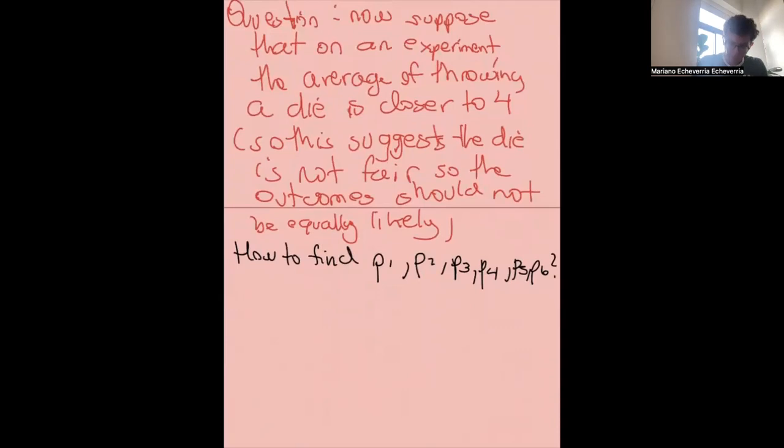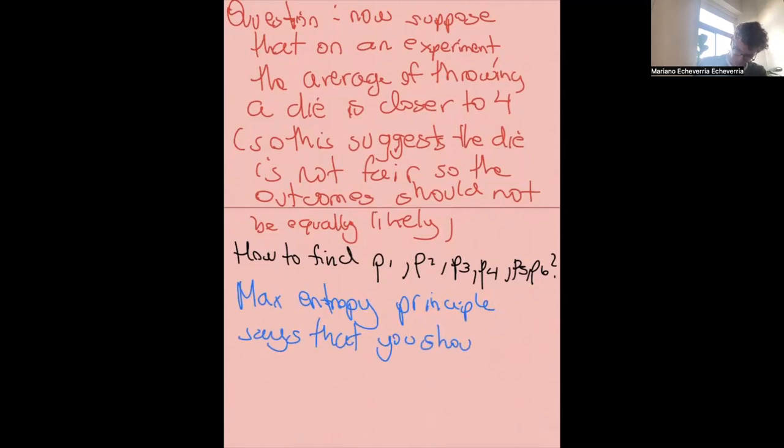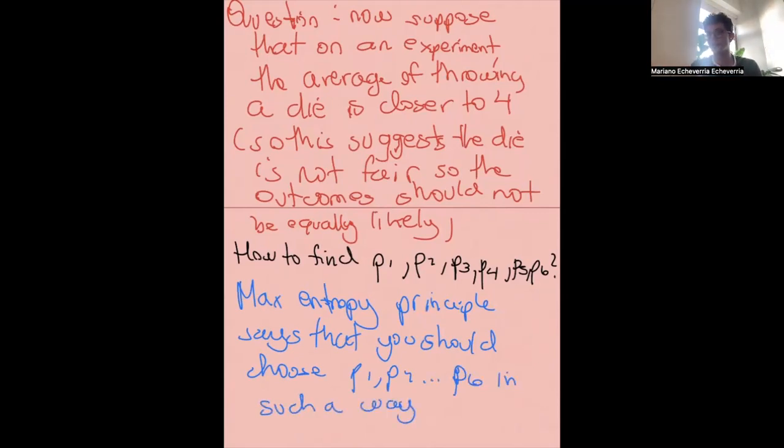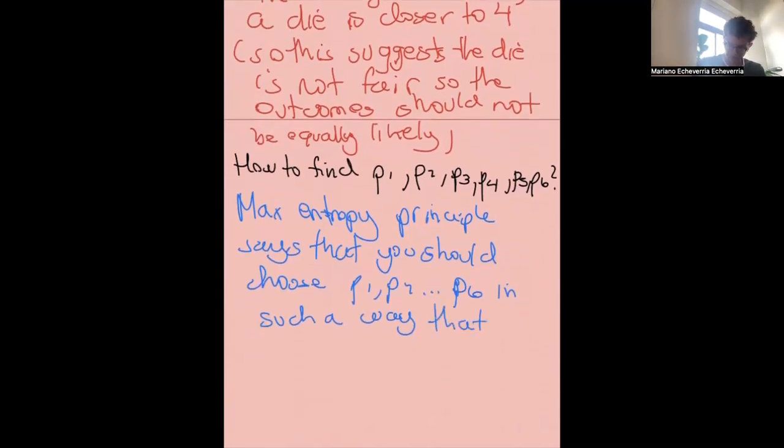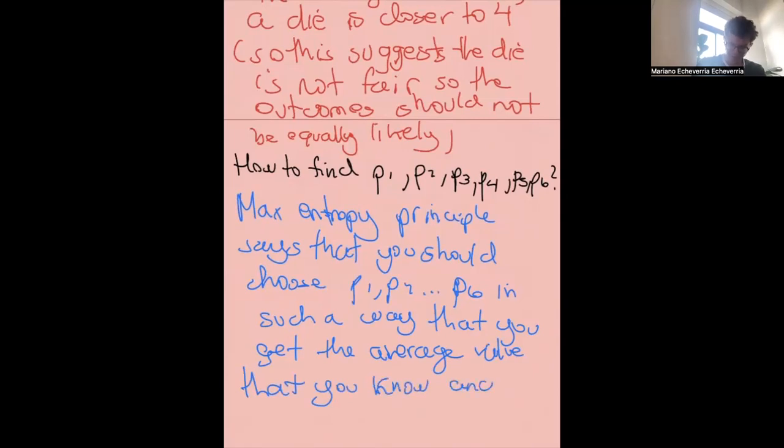So the maximum entropy principle says that you should choose P1, P2 up to P6 in such a way that you get the correct expected value, the average value that you know, and the entropy is maximized.